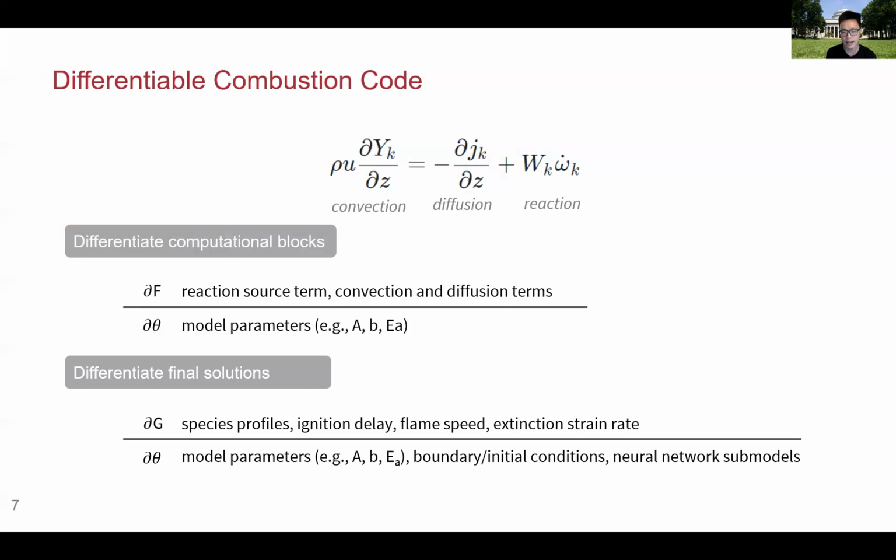The reason is that those are the quantities we can measure directly from experiments, so that we can use them for training. In addition to the model parameters, we can also compute the gradient with respect to the boundary and initial conditions, and also the augmented neural network submodels. We will show that these capabilities can enable us to do some new computational tasks.